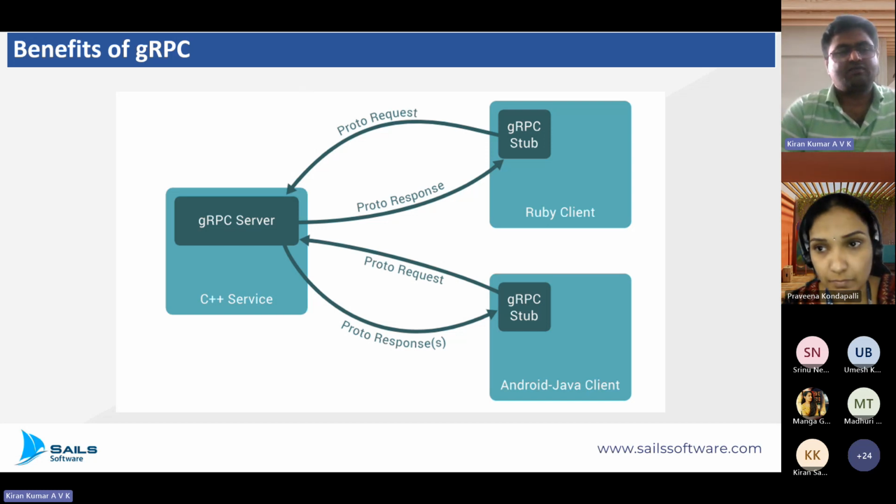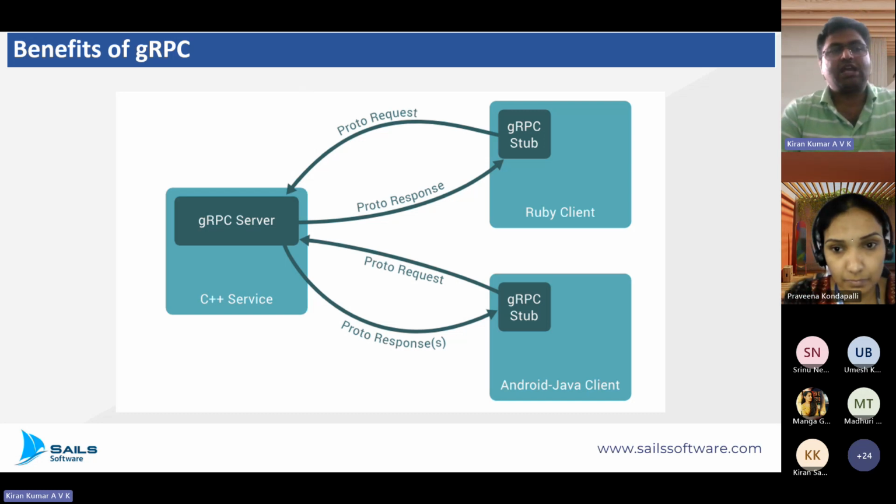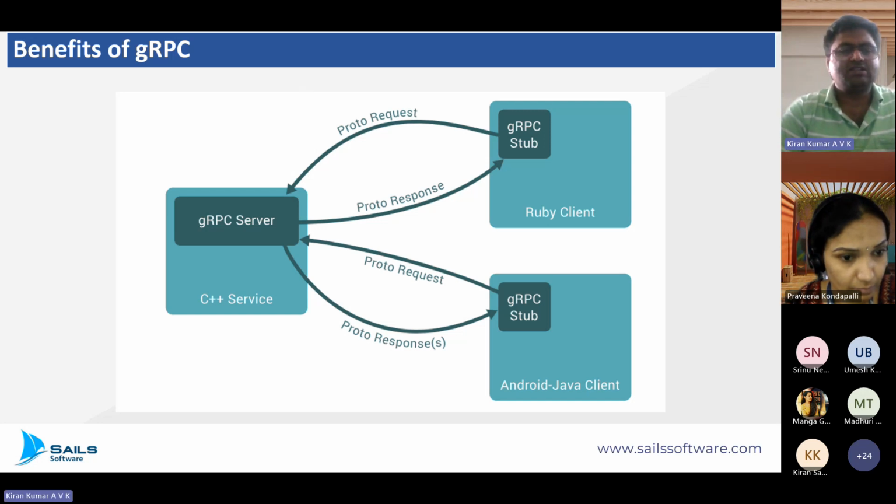The server will send the response to you based on the type of request that you sent. The clients can be written in different languages, and the server can be written in different languages, but that is not a stopper in the case of gRPC.